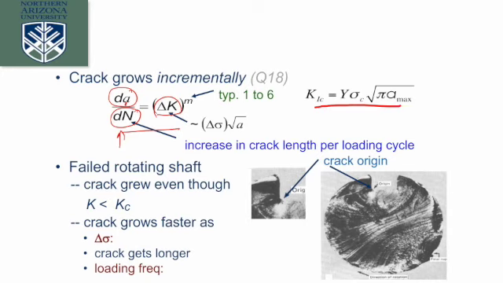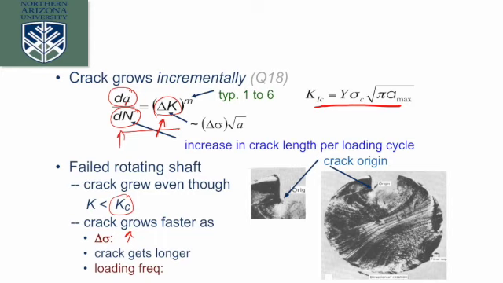So the idea is the cracks grew even though the critical K value, the K that we calculate here, is smaller. So what we see is if we increase the change in the stress, so that's our cyclic fatigue, we'll get an increase in the crack length growth.